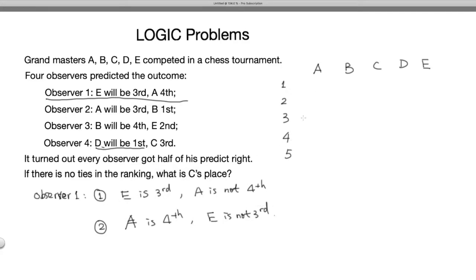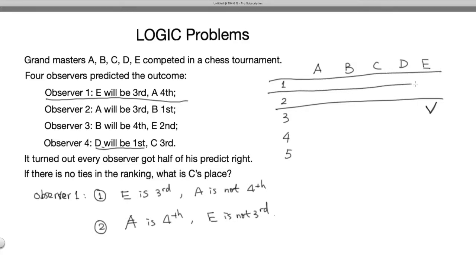E is third, so third is E. Let's make a row here, it'll be much clearer. I'm not going to draw the columns, it's not necessary, the column spaces are big enough. So E is third.